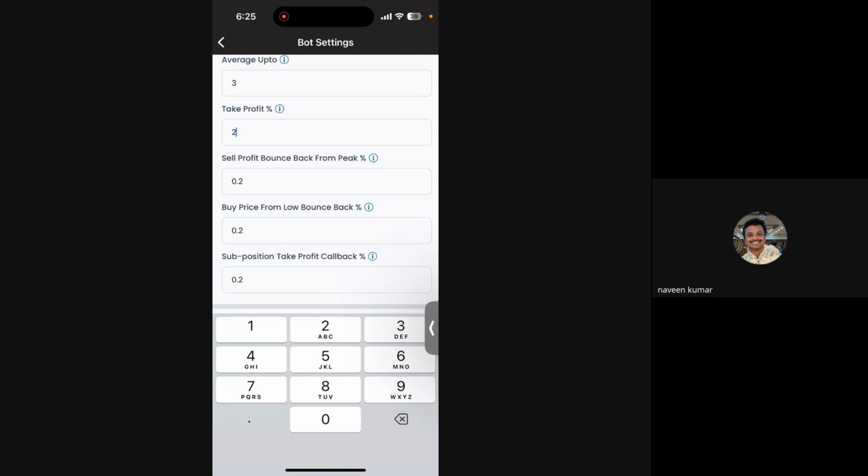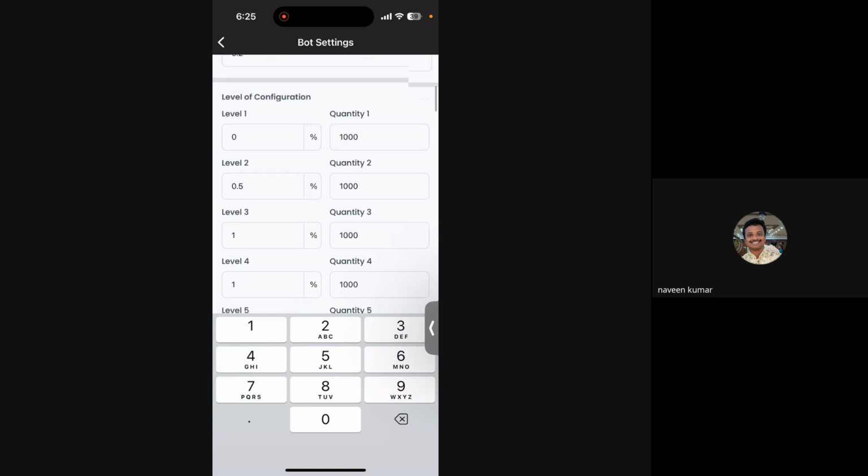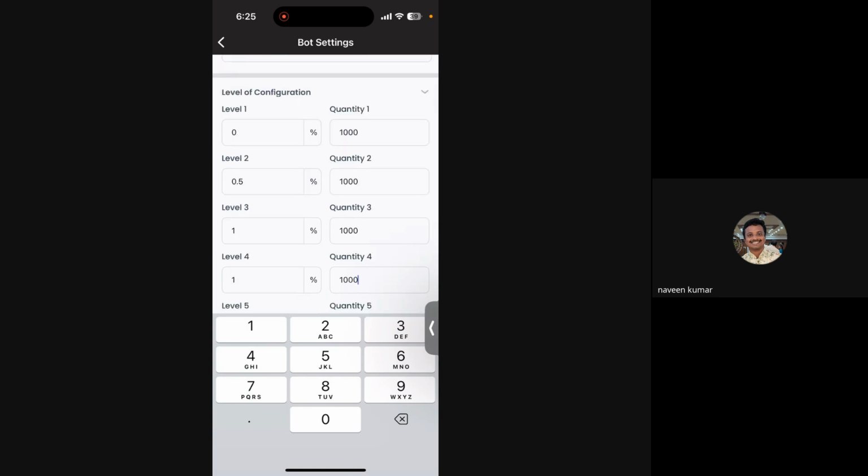And from the fourth level, it will be acting as an individual. So for the fourth level bot, you can see here, this 1,000 shares, when it buys, it will look for a separate 2% profit because it would have already dipped by 2% here. And if it goes up by 2%, then it will sell it. For these three levels, it will take an average and sell it out.